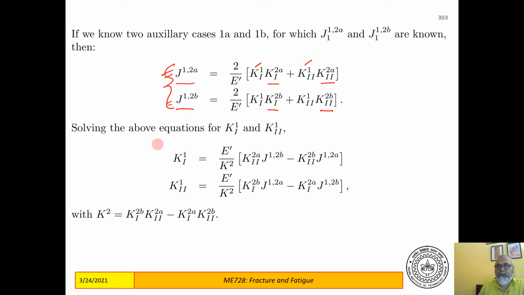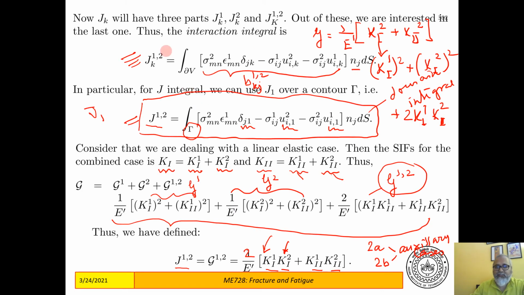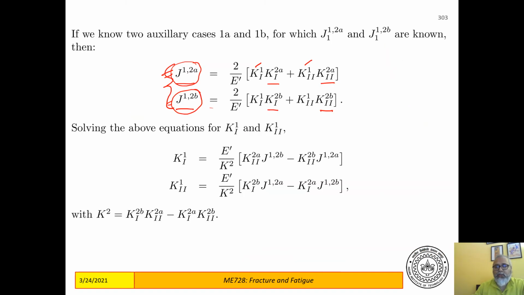So now if you use these two expressions, these are linear expressions in these quantities, and these things you have evaluated from your finite element results using this domain integral, this contour integral converted to a domain integral. Okay, so now the left hand side is known.